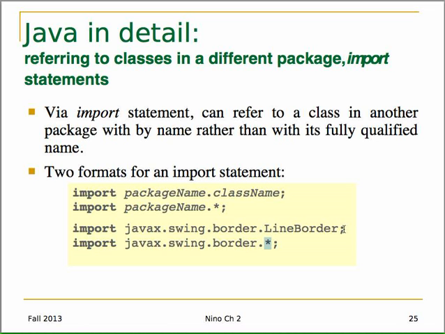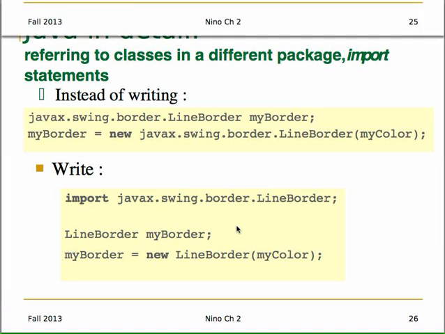But if you do, you'll have various conflicts. So for many reasons, you want to specify each class that you import explicitly. That is, specify the name. Even if there are 10 or 20 different classes that you're importing from a specific package, you still want to name every single one of them. That's the rule.